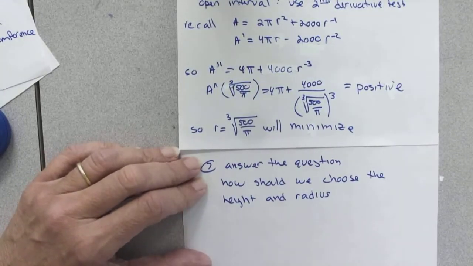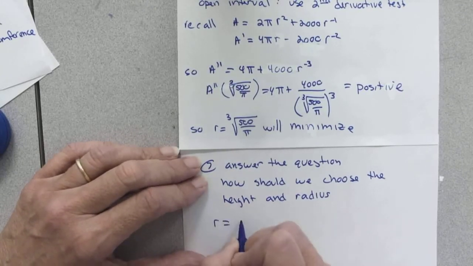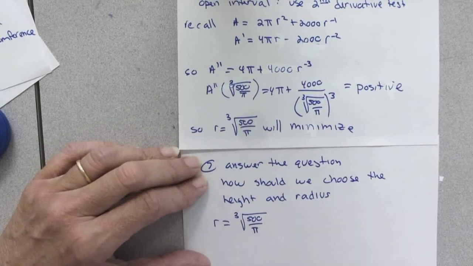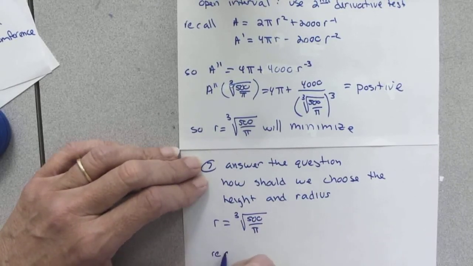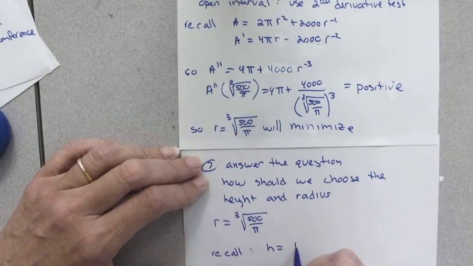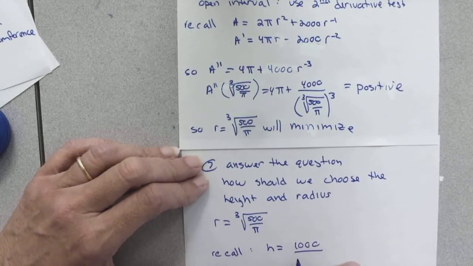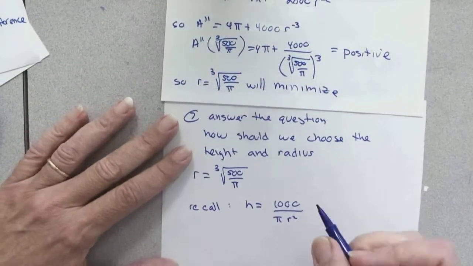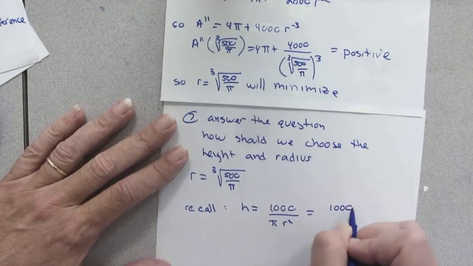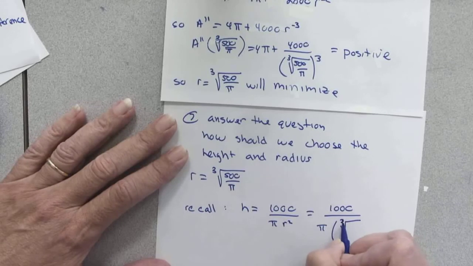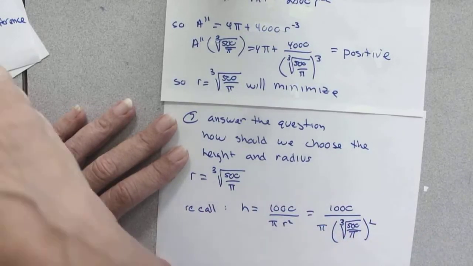Well, we already know that the radius is the cube root of 500 over pi. And then recall that we knew that h was equal to 1,000 over pi r squared. And so this is going to be 1,000 over pi times the cube root of 500 over pi quantity squared.